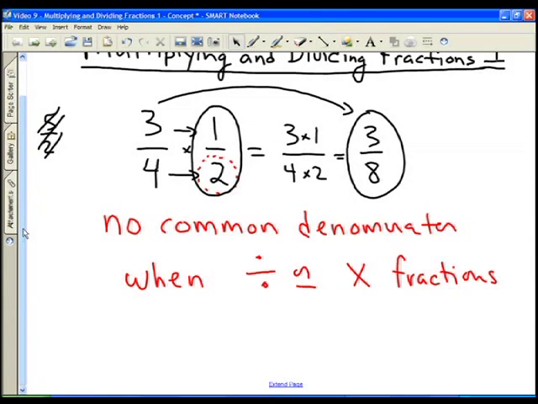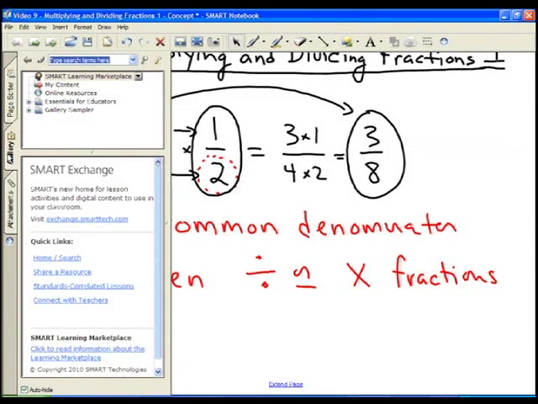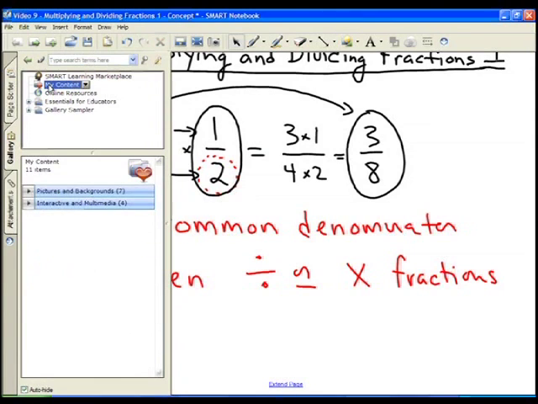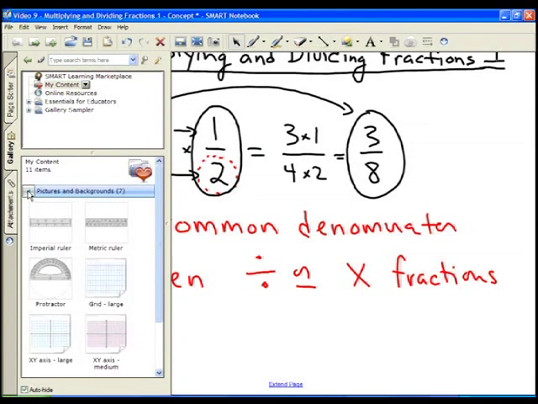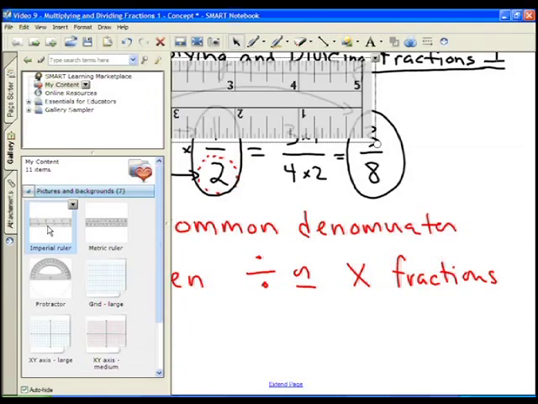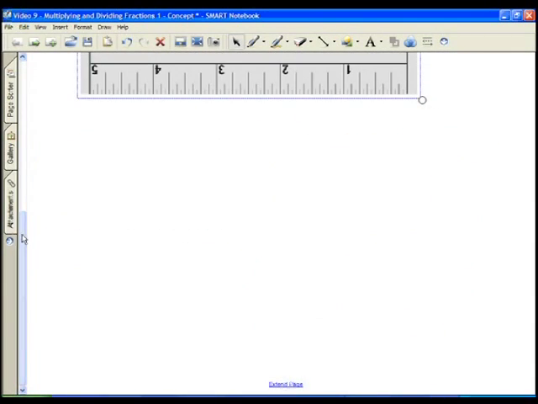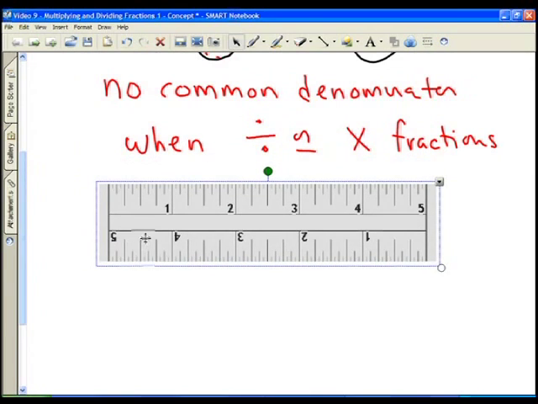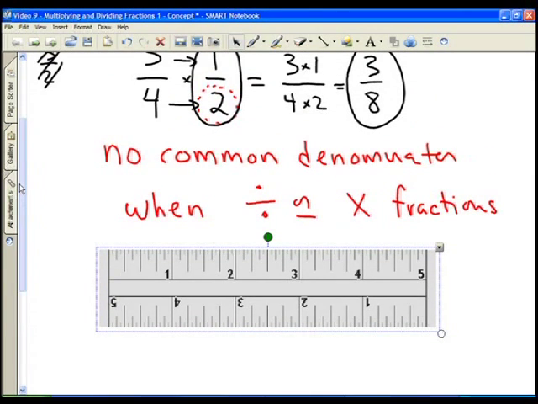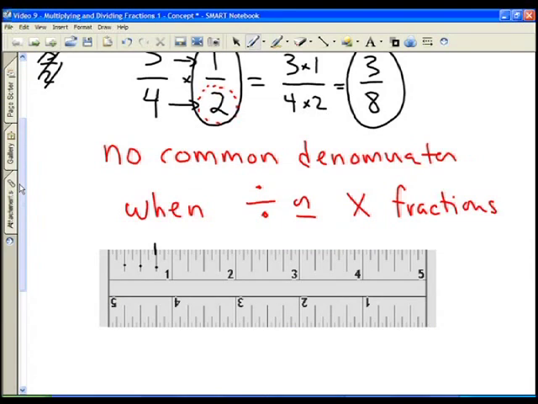If we look on our ruler here, we can see that we have 3/4, so 1, 2, 3/4 is this line, and when we multiply it by a half, we'll end up getting 3/8.